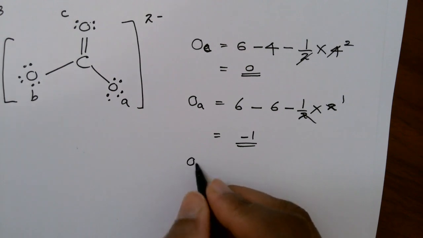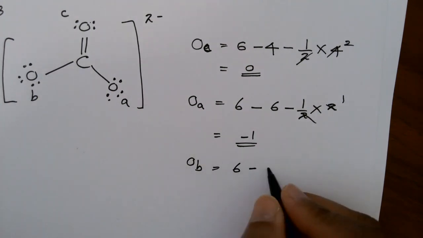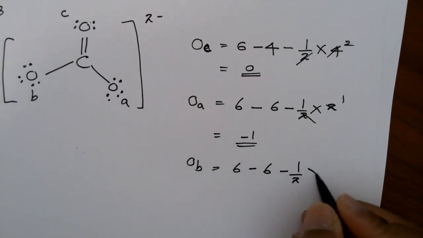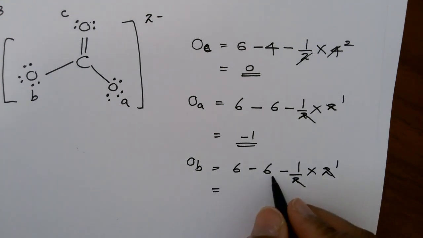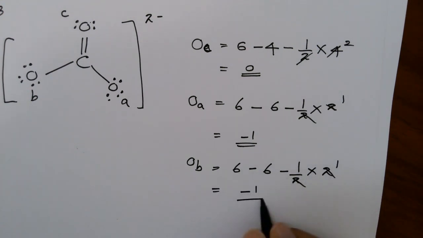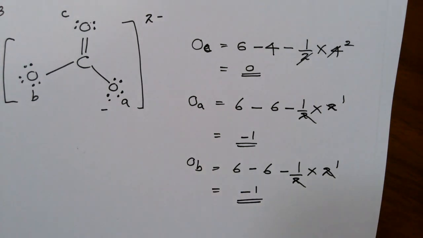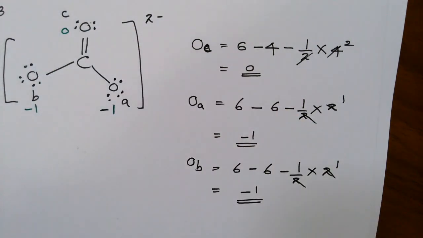And the same for oxygen B, 6 valence electrons minus 6 lone pair electrons, minus half times bonding electrons 2. So 6 minus 6, 0, 0 minus 1, minus 1 is the charge. So the formal charge here is minus 1, and this is 0.